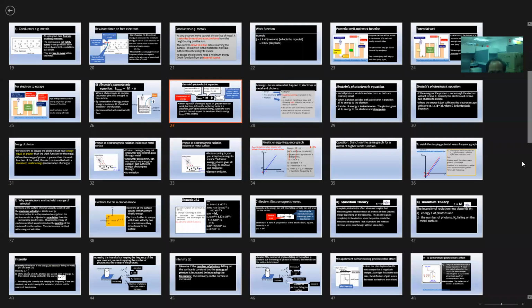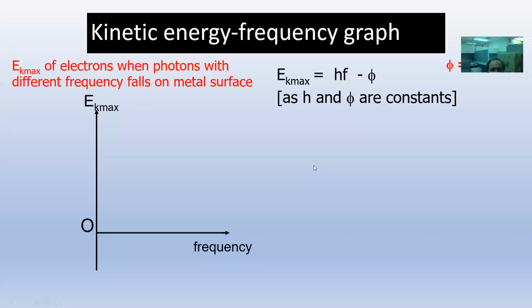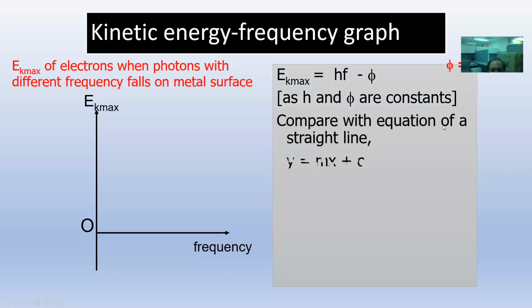Okay, so now we look at the equation, Einstein's photoelectric equation. We change the frequency and then we just measure the maximum kinetic energy of the electron emitted. That's all. h and phi, our work function, are constant. And we compare it with the equation of a straight line.